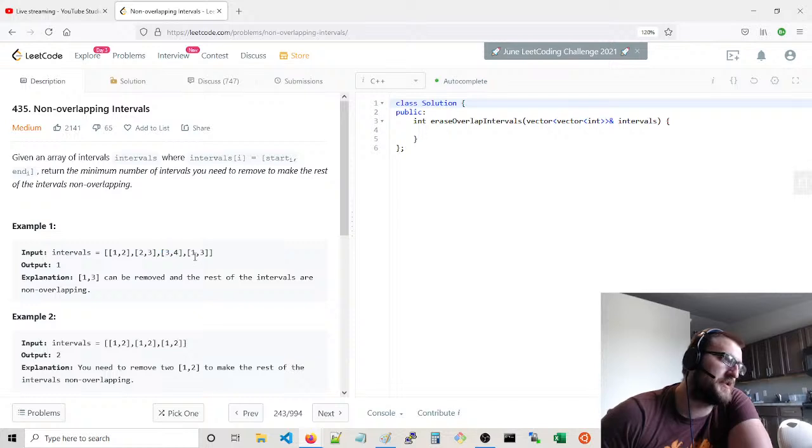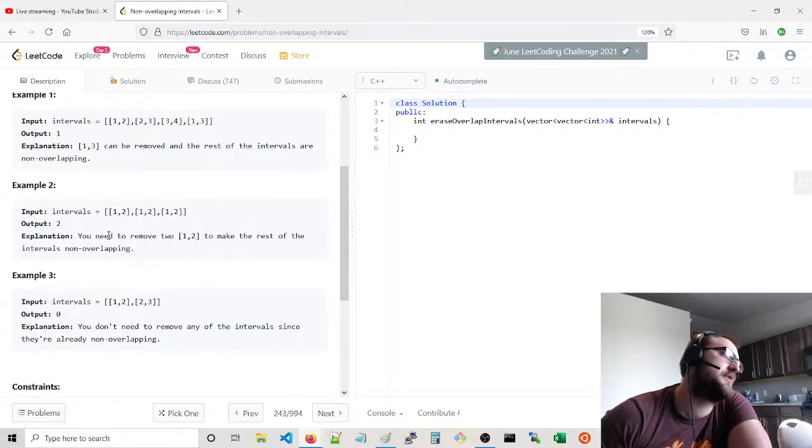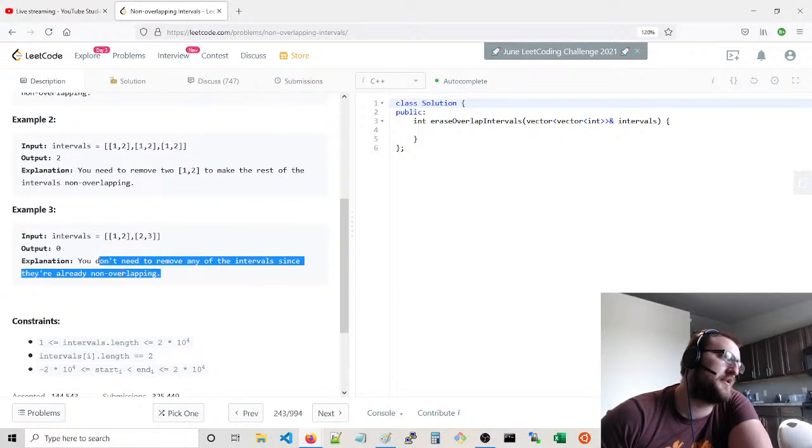They can share endpoints, then won't be overlapping. So I guess these are open intervals, I suppose. Need to remove 2 of them to make the rest not overlapping. Don't need to remove any of the intervals since they're already not overlapping.